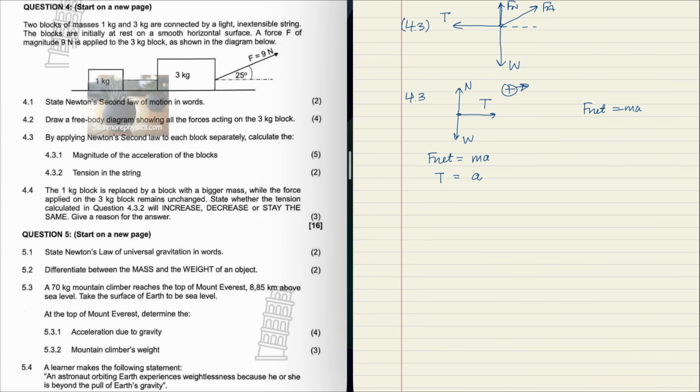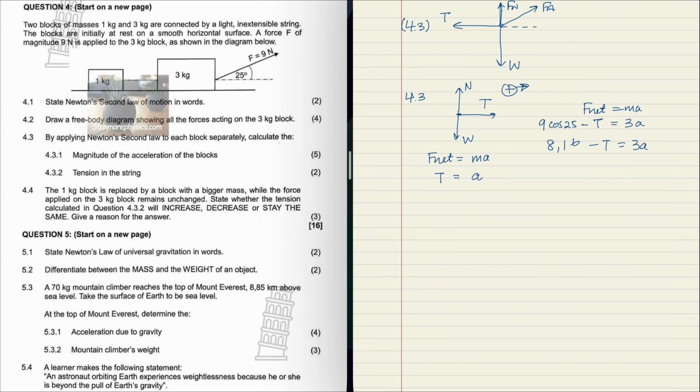So Fx is going to be 9 times cos of the angle, so 9 cos 25, minus the tension, and that's going to equal 3a. So 9 times cos of 25 is 8,16. So 8,16 minus T is equal to 3a.